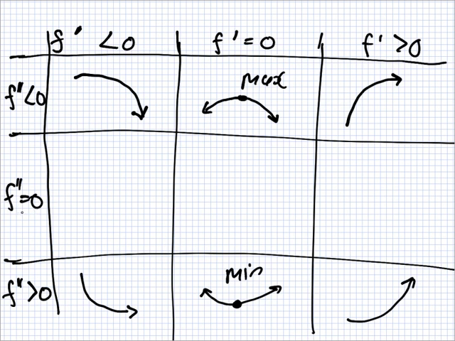So it's switching from being convex to concave. But the first derivative is negative, so it's downwards. So it'll have to be like this here. This is the inflection point and the graph is going down.